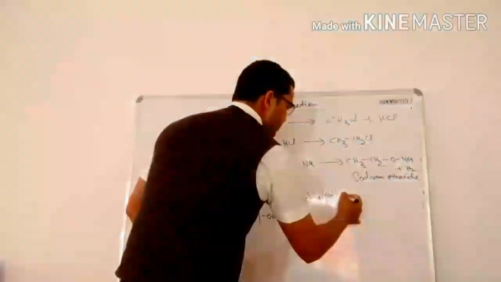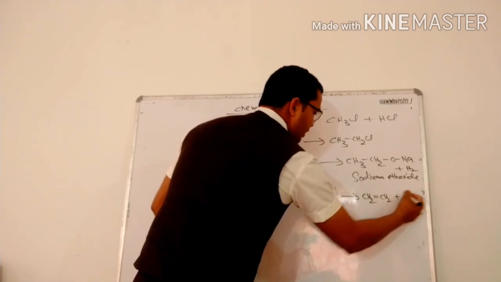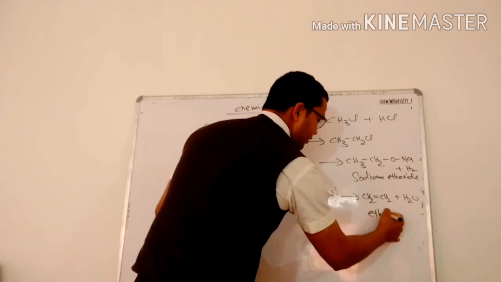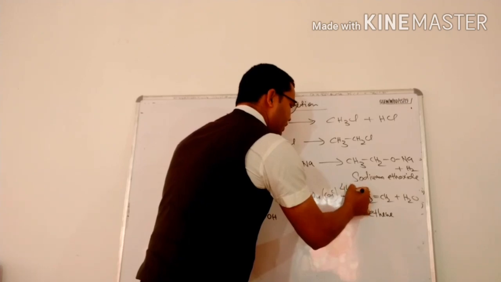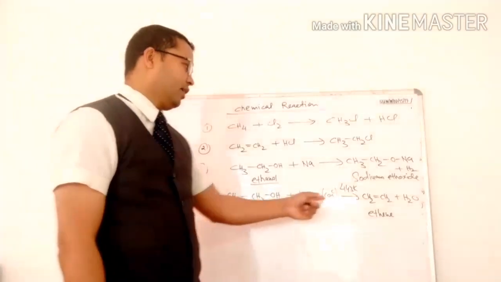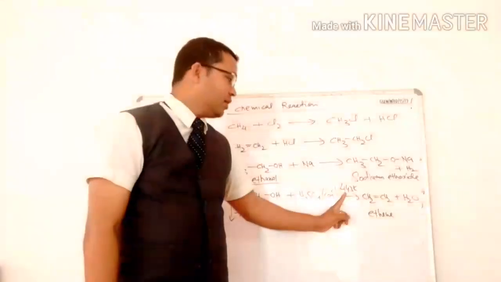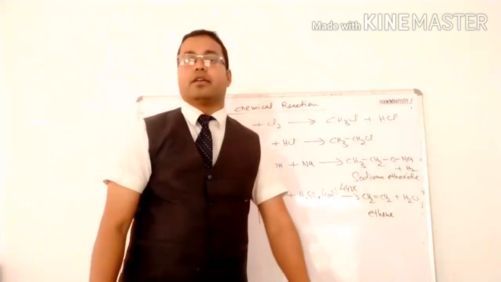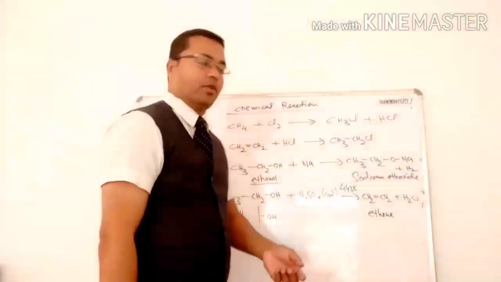We get the compound CH2=CH2, and the byproduct is water. This is called ethene. The temperature is very high, 443 Kelvin. With the same reactant, if the temperature is controlled a little, at 413 Kelvin, the product will be ether. You will learn this in class 12. Up to class 10, this reaction is important.